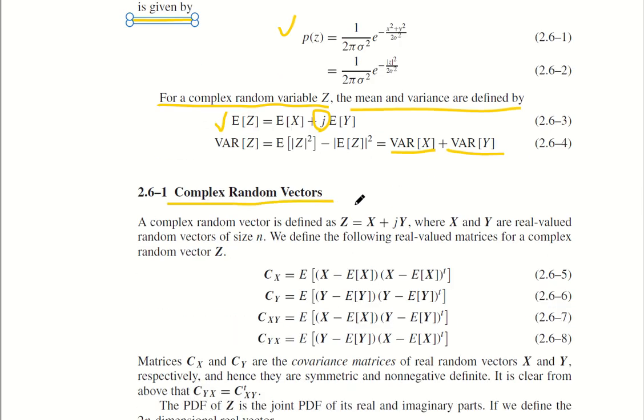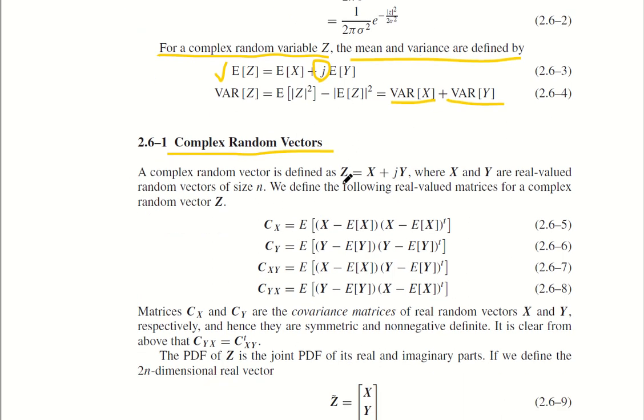And then complex random vectors. A complex random vector is defined as this, and again, this is a column vector. For x and y real-valued random vectors of size n, we define the following real-valued matrices for the complex random vector z. C of x is E of (x minus E of x)(x minus E of x) transpose, right?